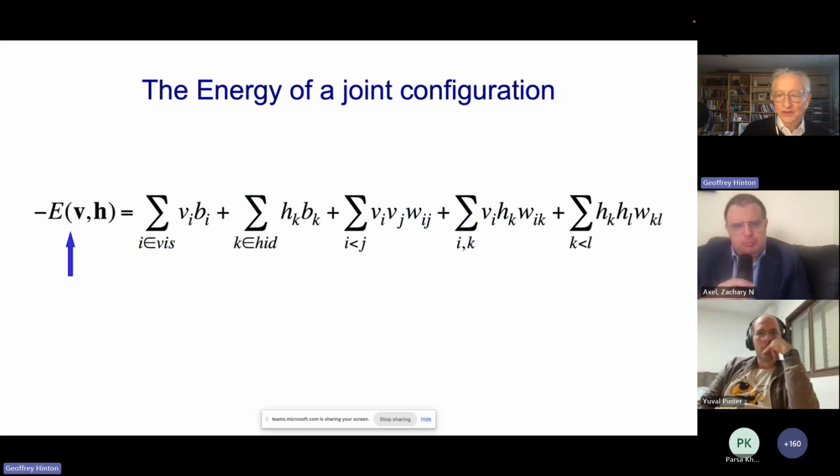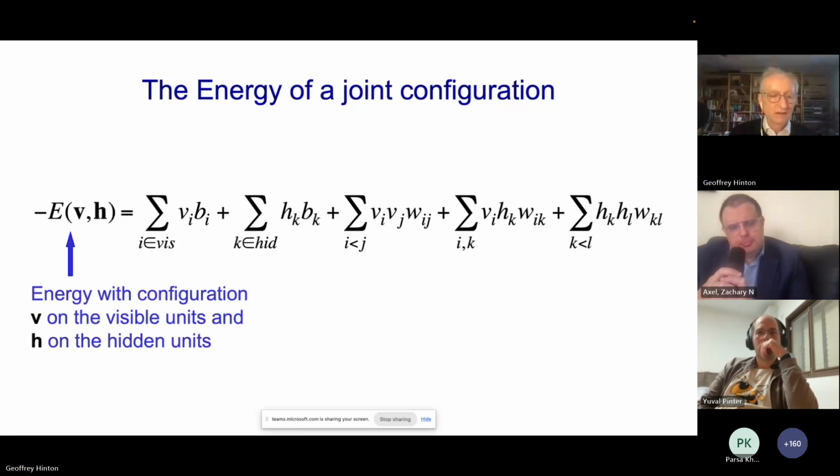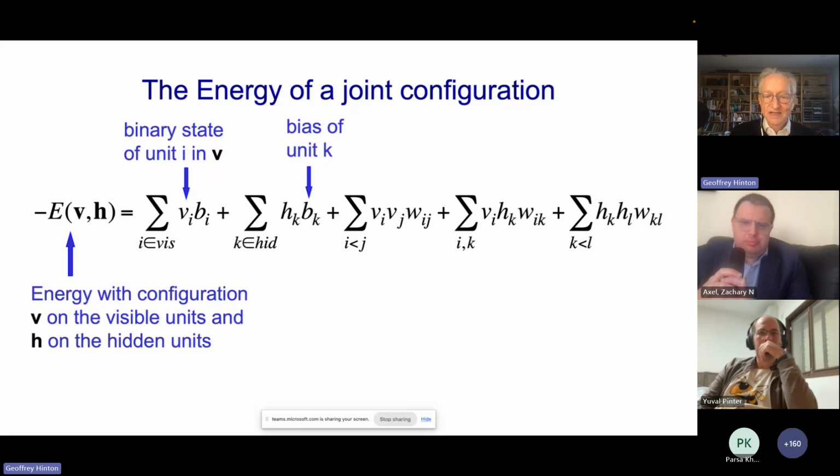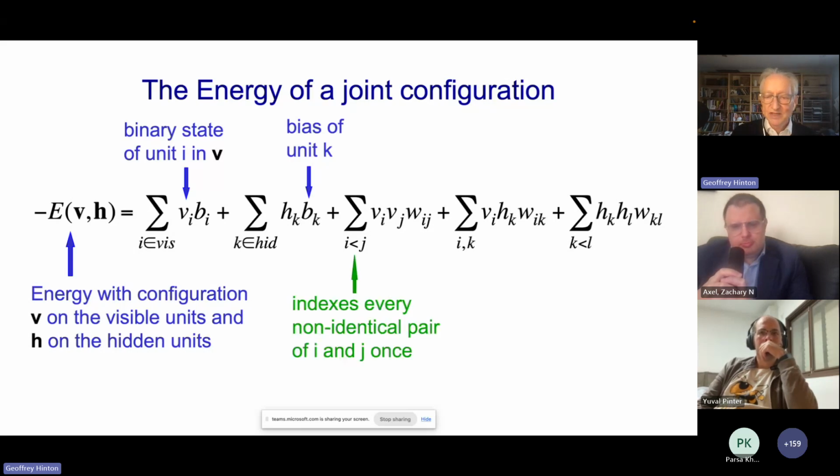So the energy of a joint configuration is going to be something that looks like this. There's going to be bias terms that have B's in for the biases of the visible units and the hidden units. There's going to be interactions between visible units, and we use i and j like that, with a less than sign, so you don't count them twice, and so you don't count things where i equals j.